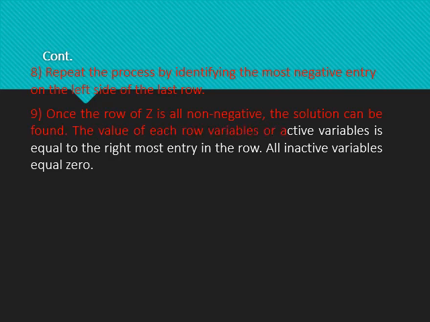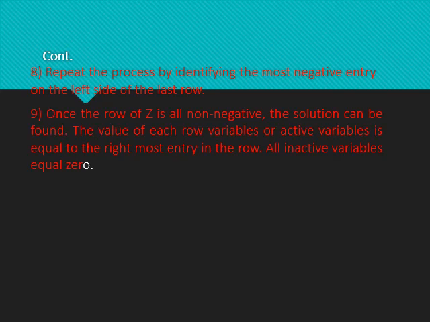The value of each row variable or active variable is equal to the rightmost entry in the row. All inactive variables are equal to 0.